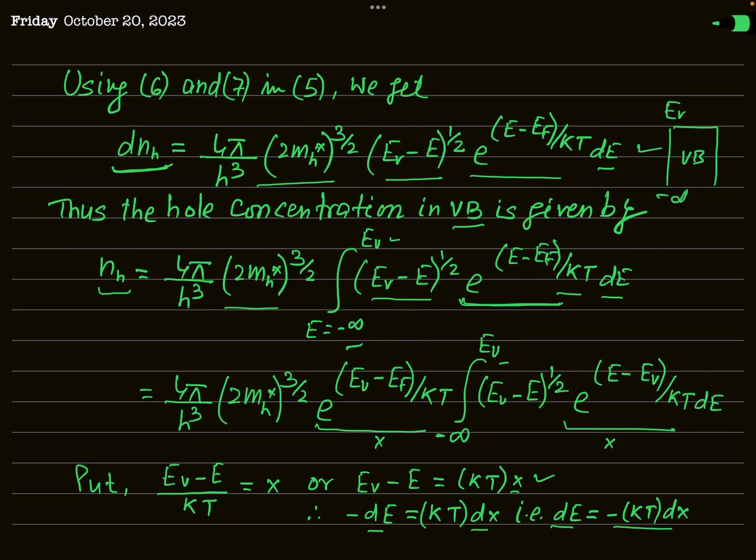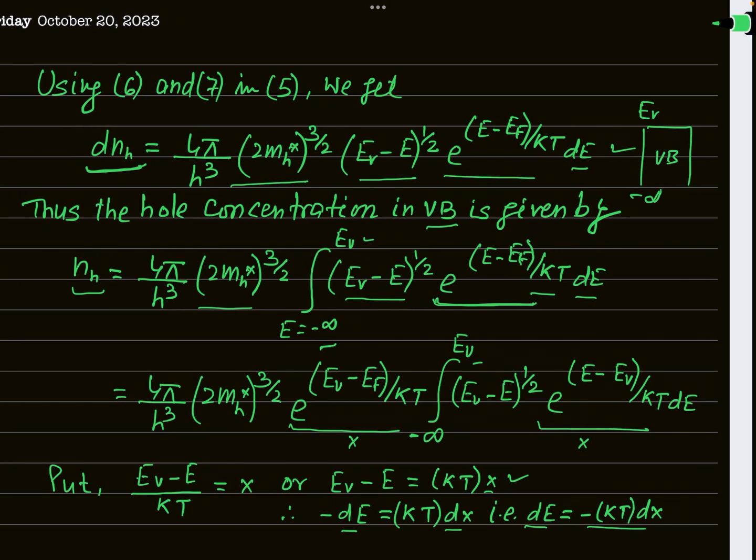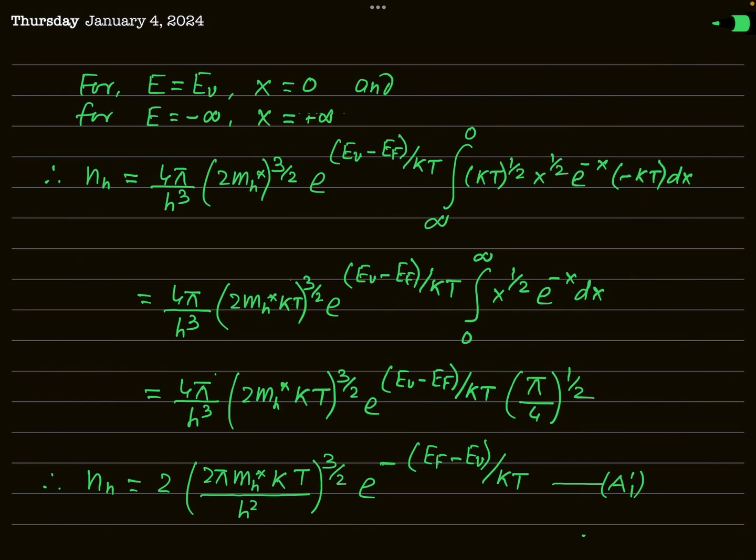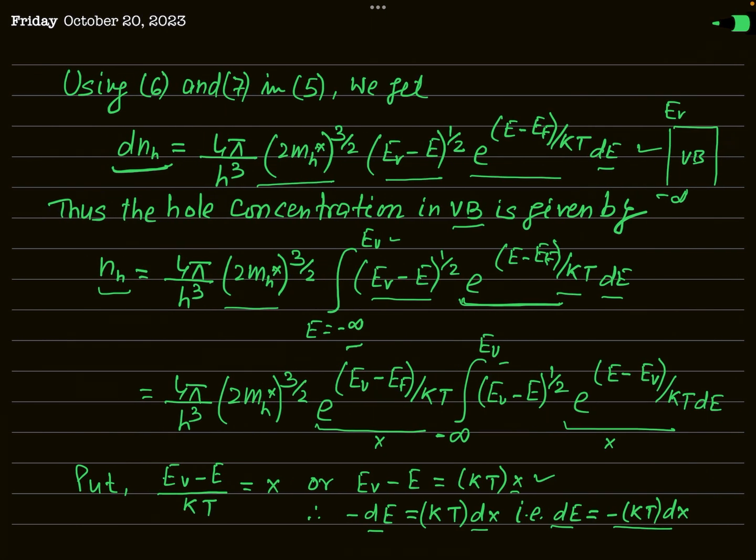Okay, and now you can see what will be the limits for x. When E is equal to EV, then from here you can see that x will be 0.